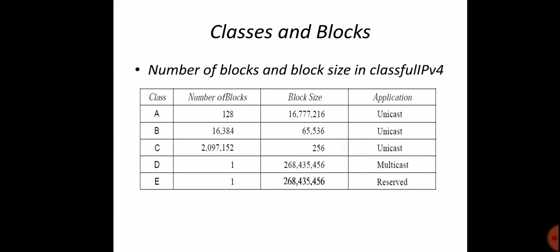Now what are the classes and the blocks? The number of blocks and block size in classful IPv4. The classes are divided into class A to class E. The number of blocks to be assigned for IPv4 addresses and the block size are declared for individual stations and receiving points, and for the different types of applications. First, for class A, the number of blocks is 128 and the block size is 16,777,216. The application is unicast.